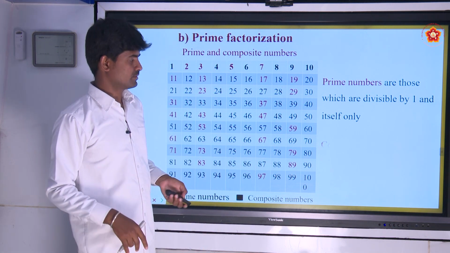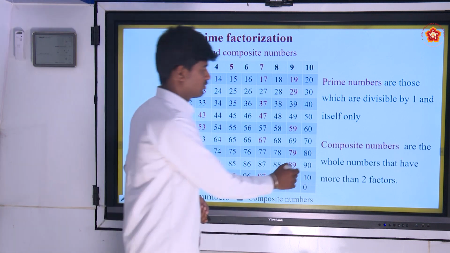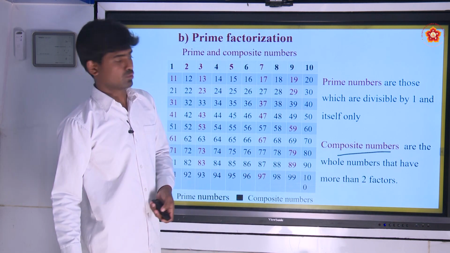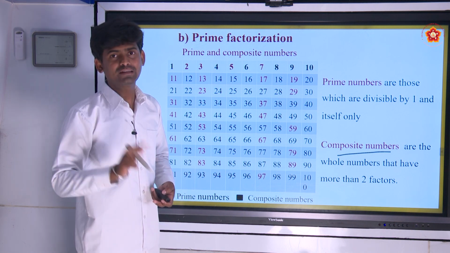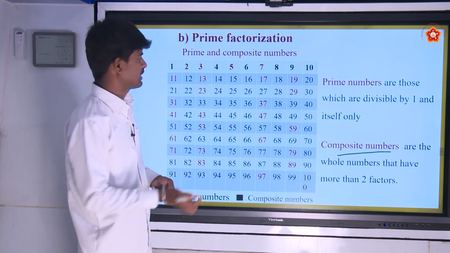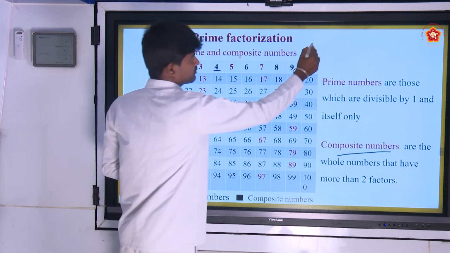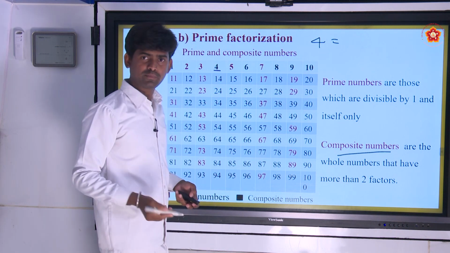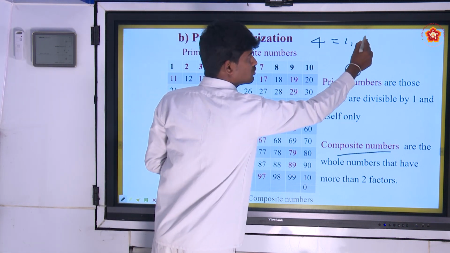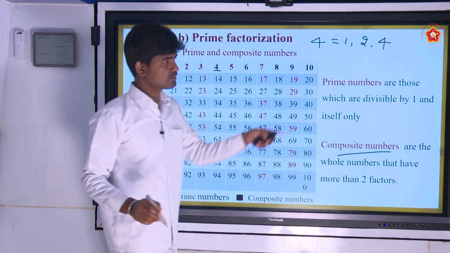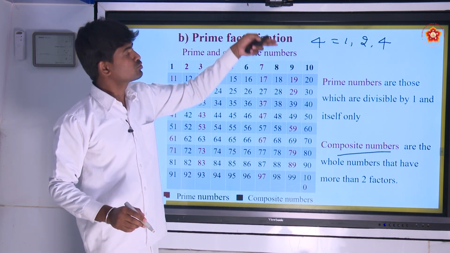Next, composite numbers. Composite numbers are those whole numbers that have more than 2 factors. For example, 4 is divisible by 1, 2 and 4, which means it has more than 2 factors.